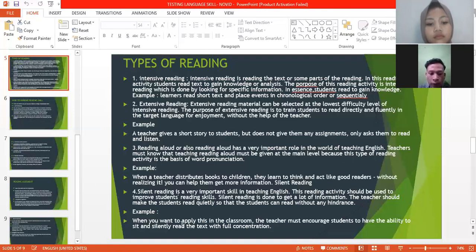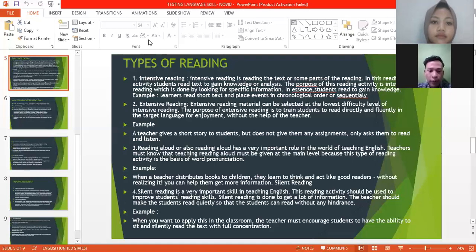For example, when you want to apply this in the classroom, the teacher must encourage students to have the ability to sit and silently read the text with full concentration.